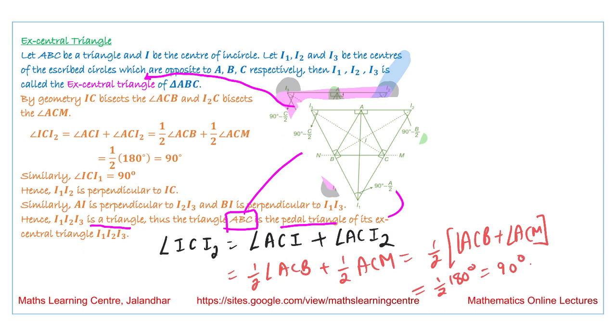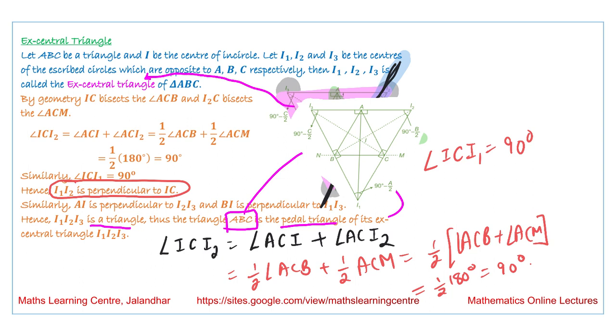And similarly we have angle ICI1 equal to 90 degrees. So what we have proved is that I1, I2 is perpendicular to IC. We are talking about this line I1, I2 being perpendicular to the line IC.